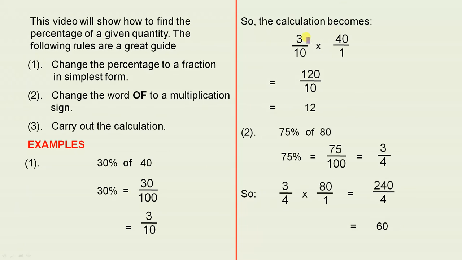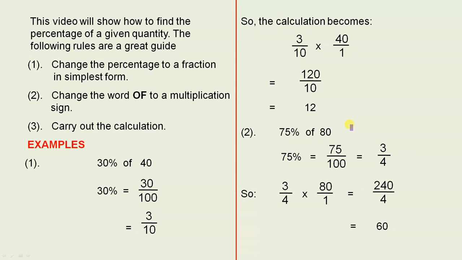So the calculation becomes 3 over 10 times, because that's the second rule, the word "of" is changed to multiplication, and then we do the multiplication 40 over 1, because we started with 40, and you remember in previous videos we said if you want this to look like a fraction, just write it as 40 over 1. 3 times 40 is 120, 10 ones are 10, 120 divided by 10 equals 12, and that's the answer.